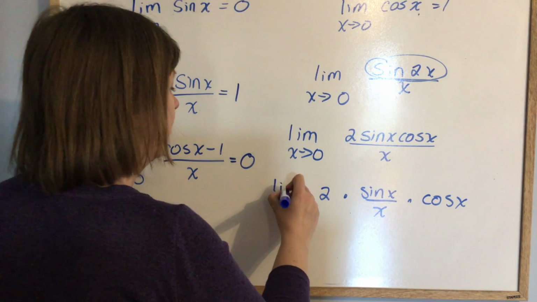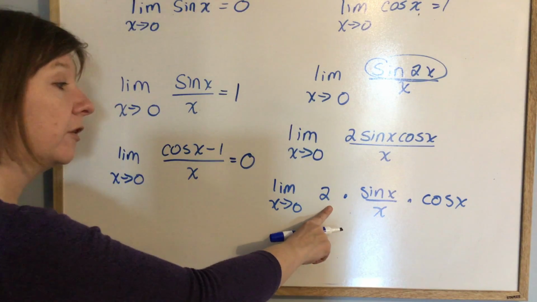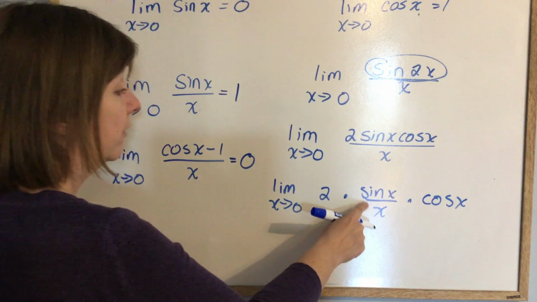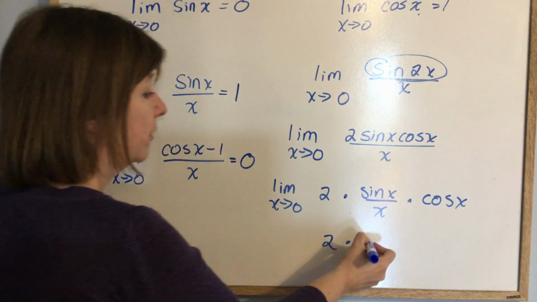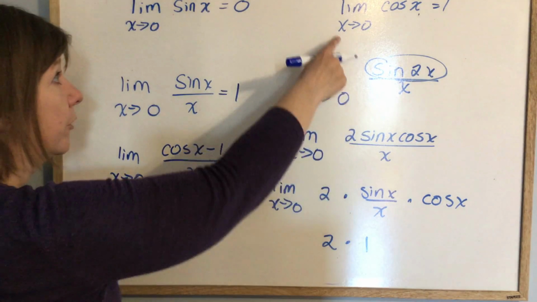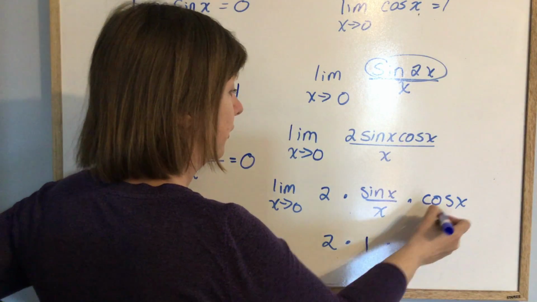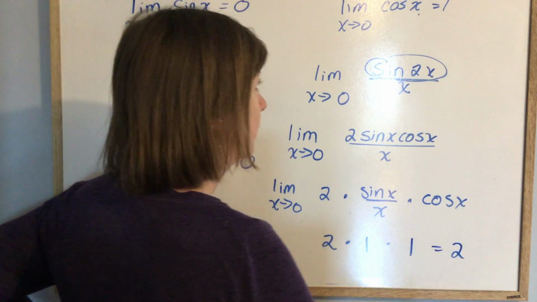So now when I'm talking about my limit as x approaches 0, well, for this piece there is no x, so it just stays 2. For this sine x over x, the limit as x approaches 0 is actually just 1. And for this, my limit as x approaches 0 for cos x is actually just 1. So I have 2 times 1 times 1, which is 2.